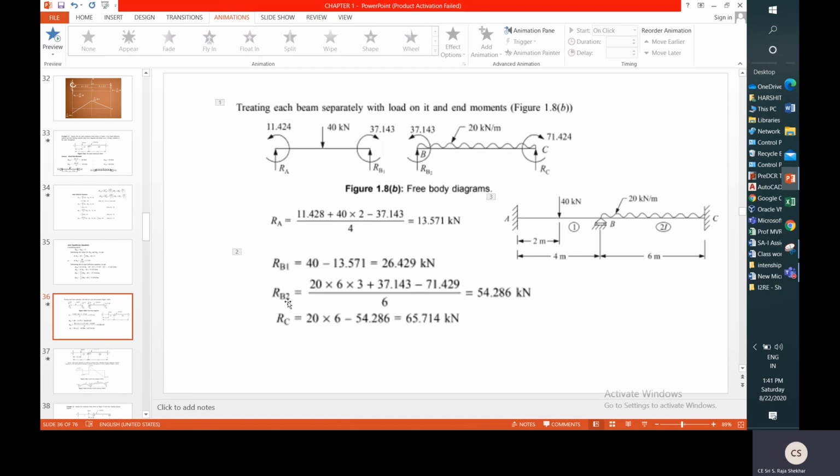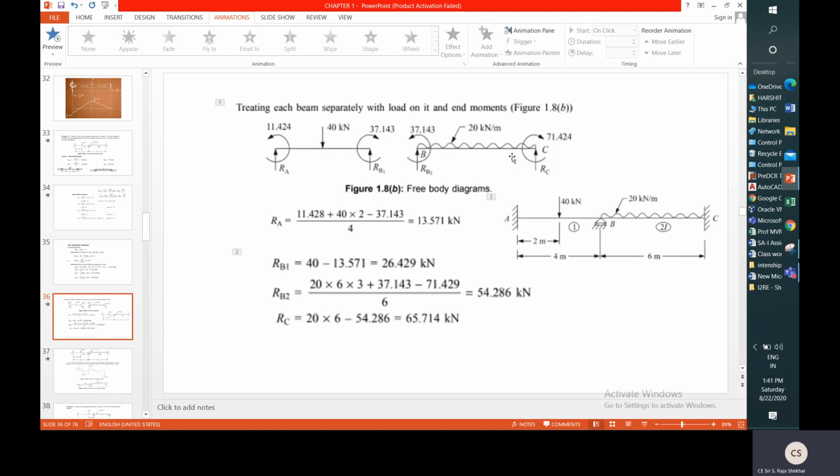I calculate RB2. For the calculation of RB2, I am taking moments about C is equal to 0. If you take moment about C is equal to 0, RB2 into 6 meters should be equal to 20 into 6.